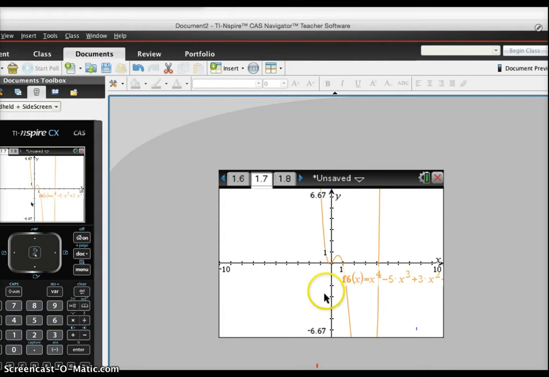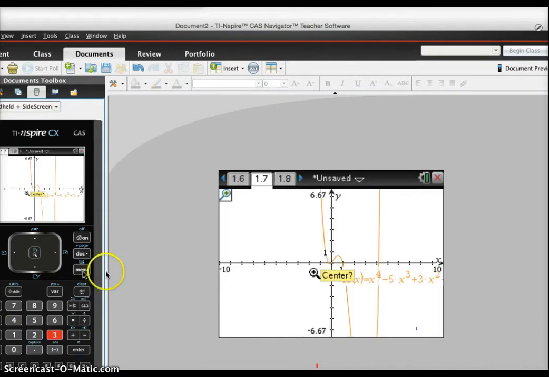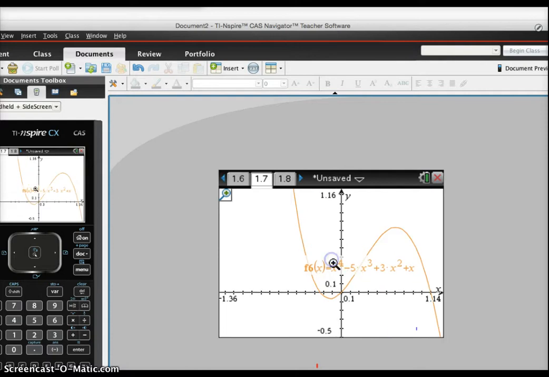And if I check the graph here, I see that I do cross the x-axis in 1, 2, maybe 4 places. Let's zoom in to see if we're turning there or if we're crossing. I'm going to zoom in a couple of times, and yes, we are definitely crossing the x-axis a third and a fourth time.